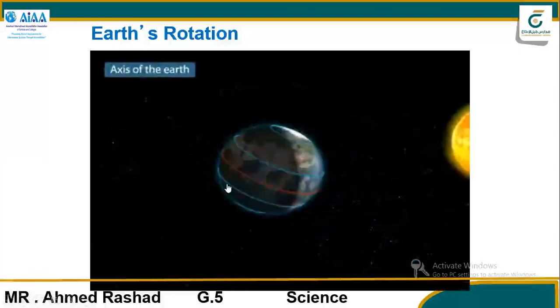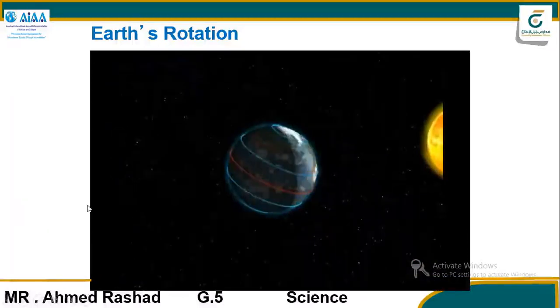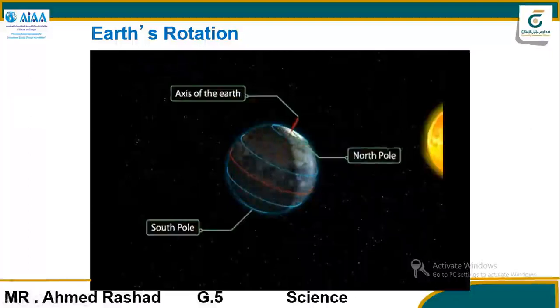You can watch this video that's describing and explaining the Earth rotation around itself and around its axis. The axis of the Earth is an imaginary line on which the Earth rotates. It links up the two poles.